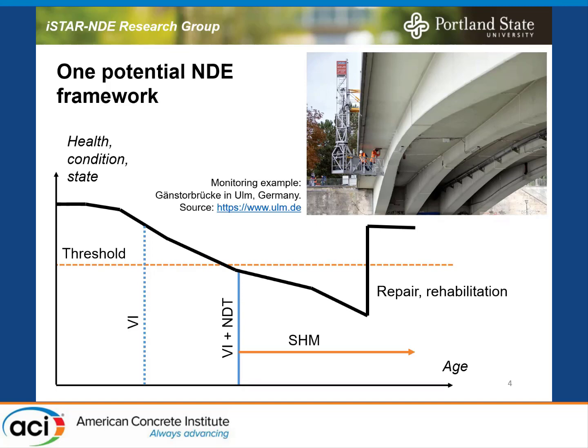Any time you get a wire break, you can start counting down how many wires you have left, and you can run load rating analyses and determine when you have to do something. That's a very good example of how these two techniques can be combined.